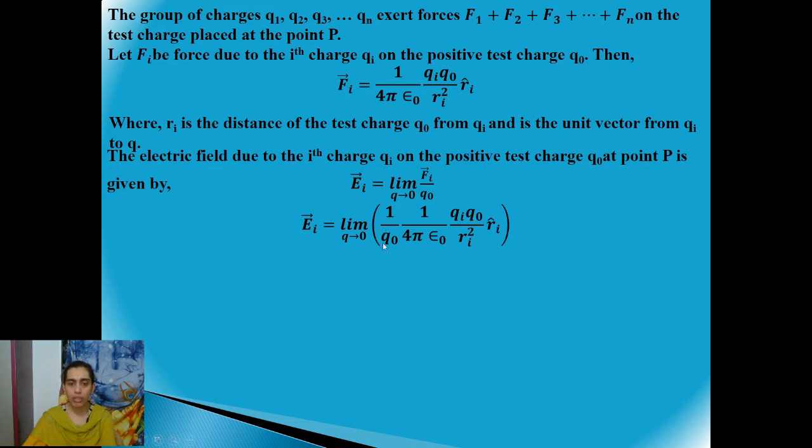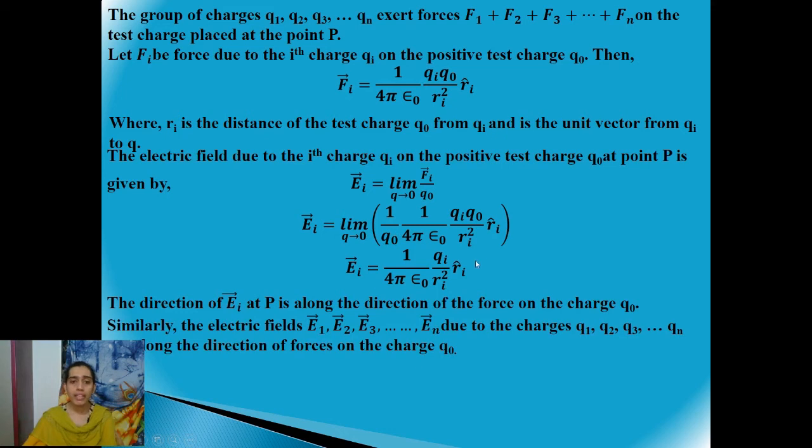This Q naught is the denominator Q naught, which I have placed here separately, and the remaining terms are the substitution of this Fi vector. On simplifying further, this Q naught and the numerator Q naught will get cancelled. So the remaining term will be vector Ei is equal to 1 over 4 pi epsilon naught Qi divided by Ri square into Ri cap.